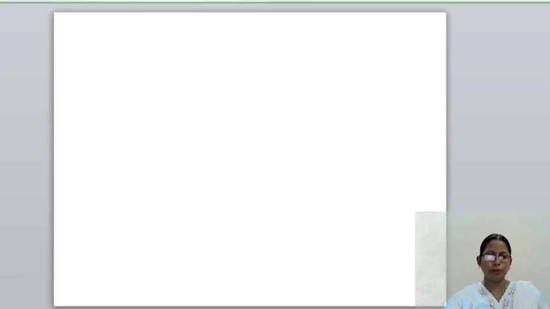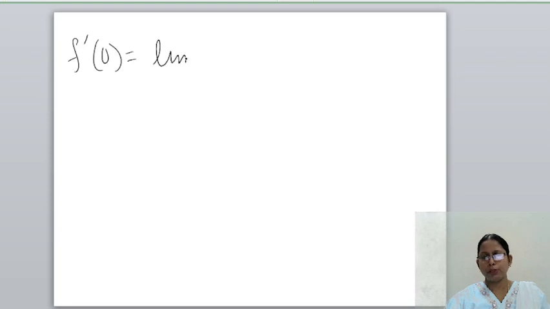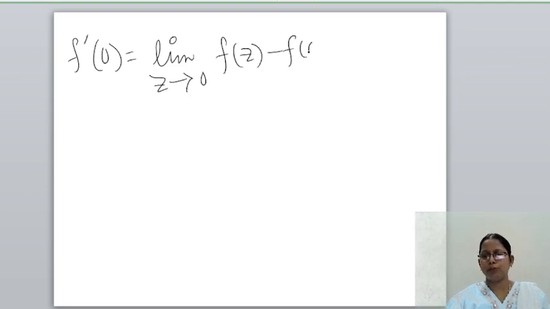Next, we are going to check out the derivative of f(z) at 0. By using the definition of derivative, we get the limit as z tends to 0 of (f(z) minus f(0)) by (z minus 0), that is z.